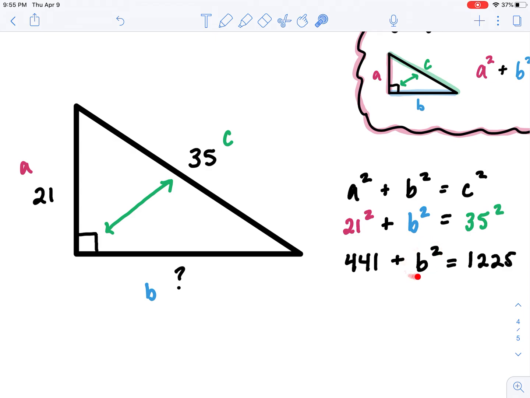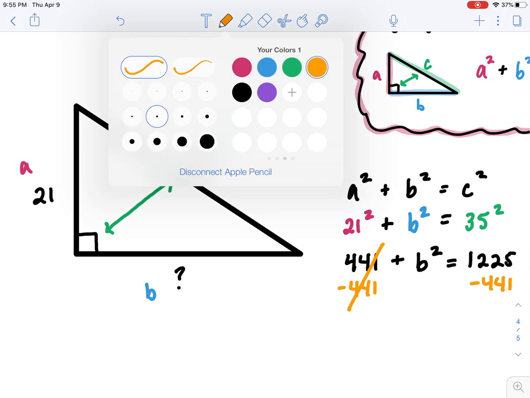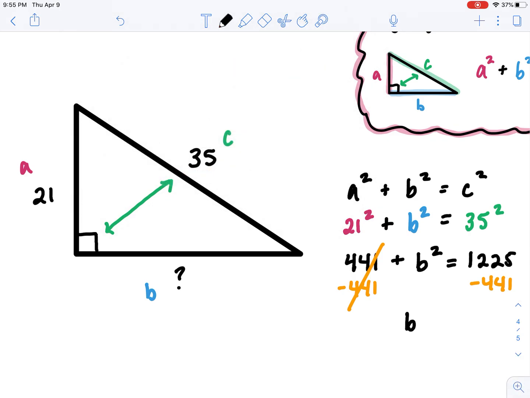Now, remember, I'm trying to get B by itself, so I need to get rid of 441 on this side. To do that, I'm just going to subtract 441 from both sides of my equation. If I do it to one side, I have to do it to the other. These cancel out, leaving me with just a B squared on the left side.